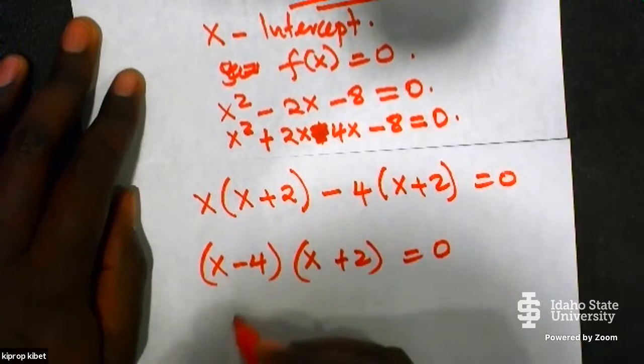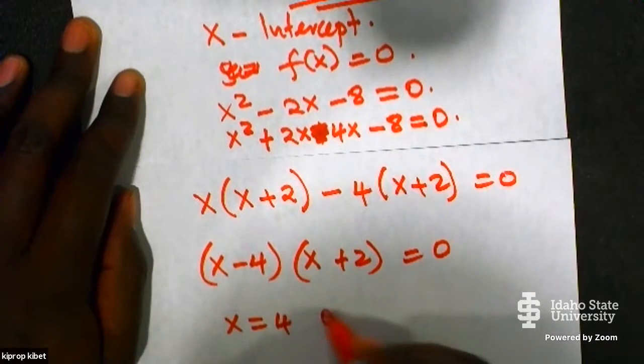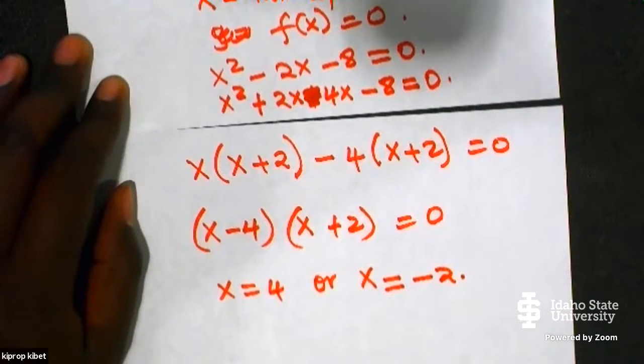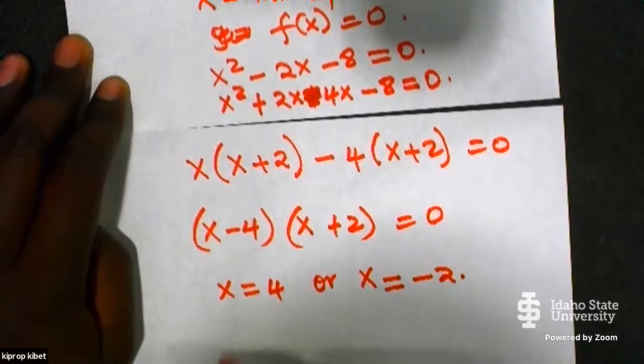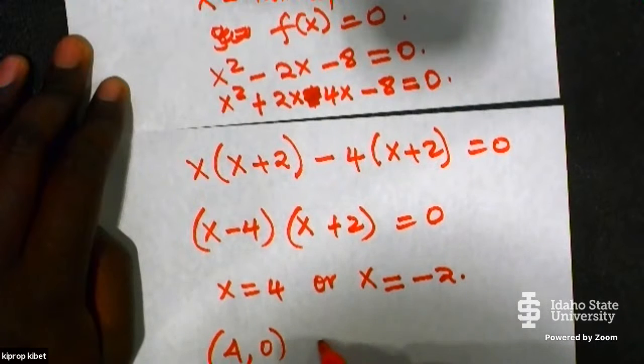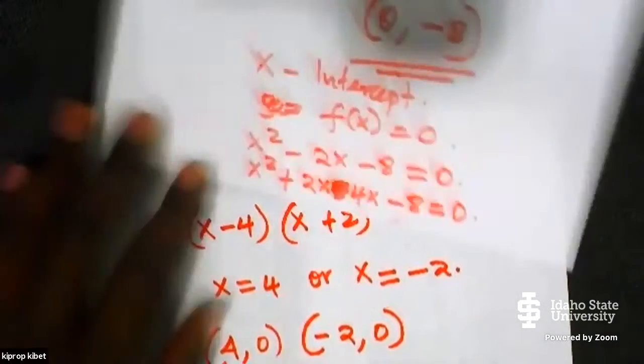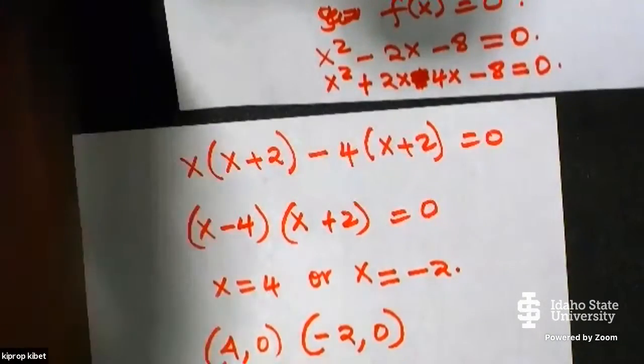So we have x equals 4 or x equals minus 2. So our x-intercepts here will be 4 and 0, and minus 2 and 0. So those are our x-intercepts.